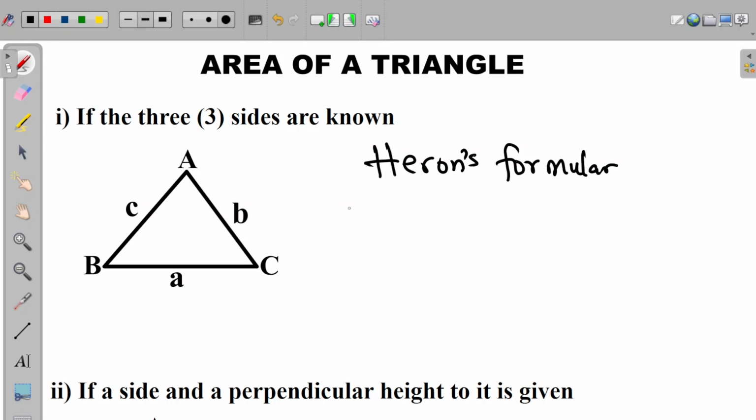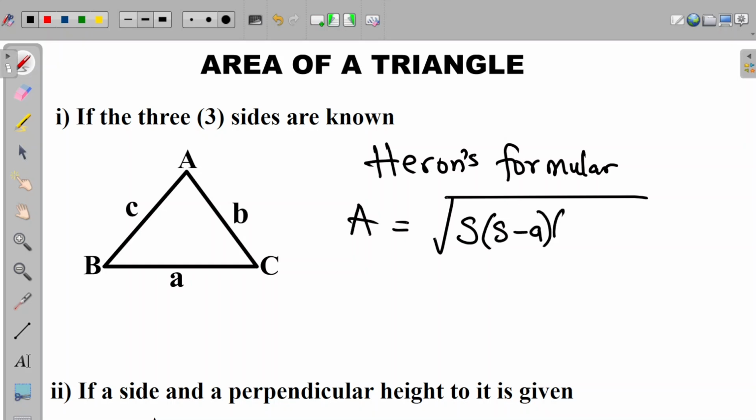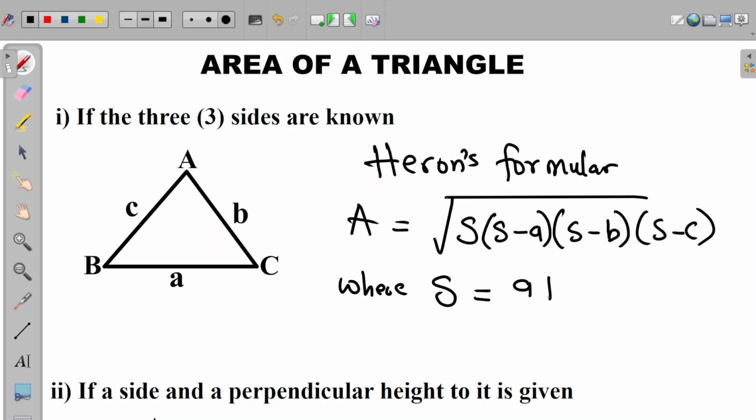The formula states that area is equal to root of s multiplied by s minus a, s minus b, s minus c, where s is equal to a plus b plus c divided by 2.